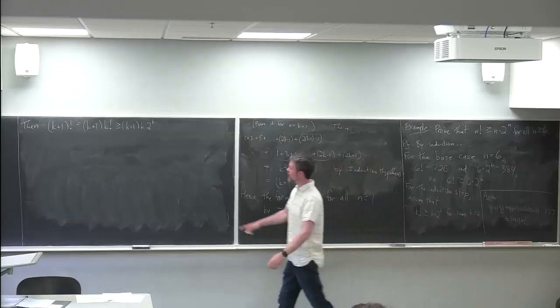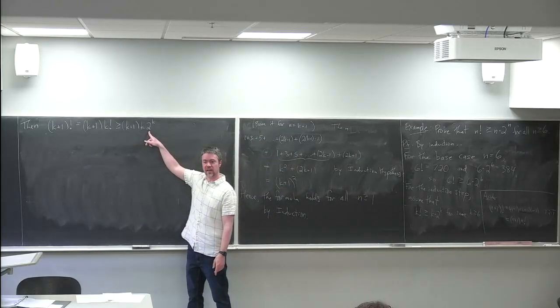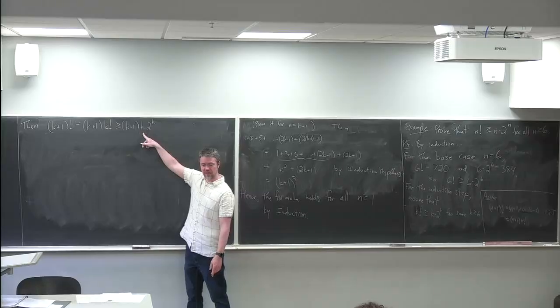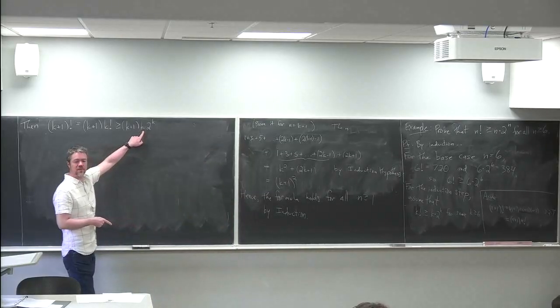Okay, and we have our k plus 1, that's good. But instead of this, we really want 2 to the k plus 1. Okay, but anyway, this is fine because k we know is at least 6. So k in particular is bigger than 2. Right? So it's like bigger than another factor of 2.